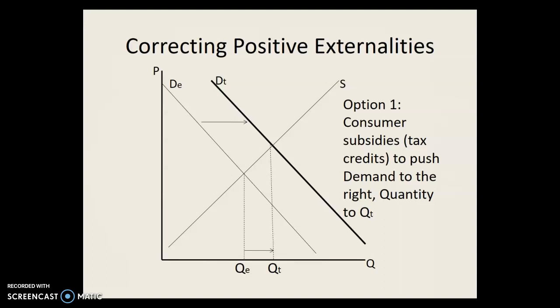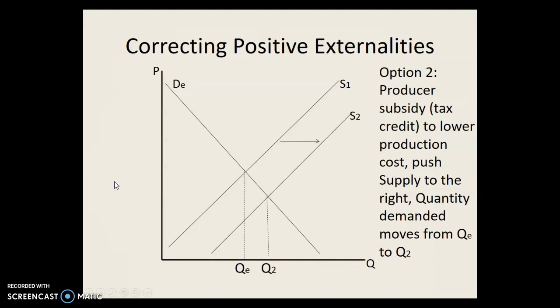As a result, more people would demand the product because they're getting a subsidy. It no longer costs as much to the consumer, and that would push demand out to the right. That would be one way to address this issue of the externality. And notice down here, QE is going to move up to QT ideally, and that will get rid of the free riders.